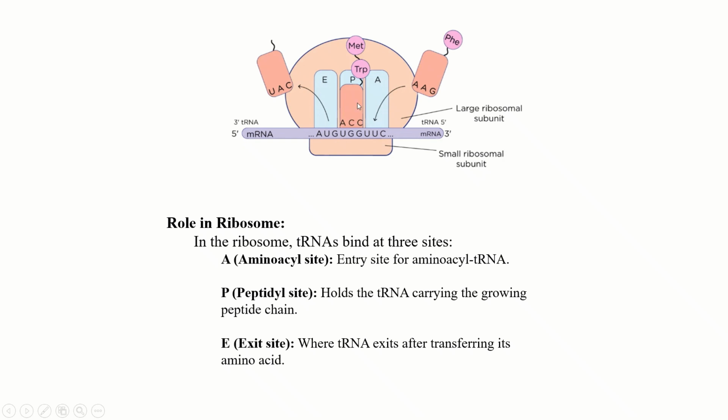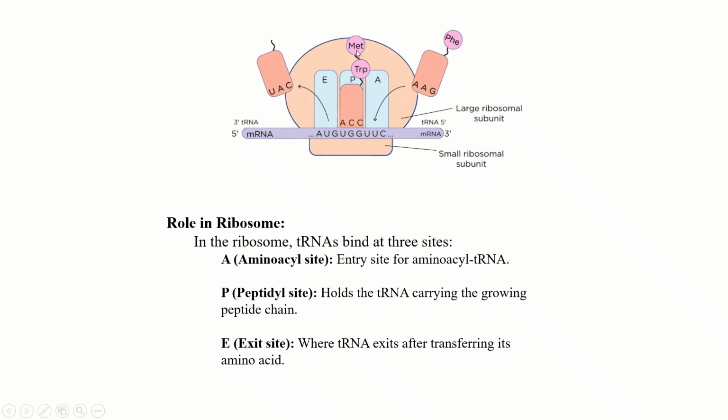Next is the P site. After binding to the A site, the tRNA carrying the amino acid moves to the P site, also known as the peptidyl site, because the amino acid binds to form a polypeptide chain at this site.